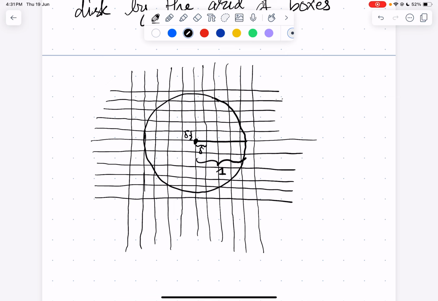So you are approximating the unit disk using small boxes of side length delta as shown.